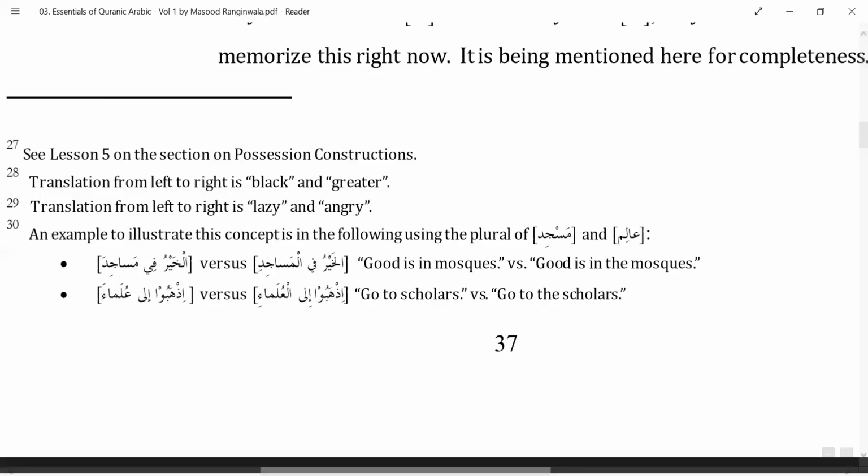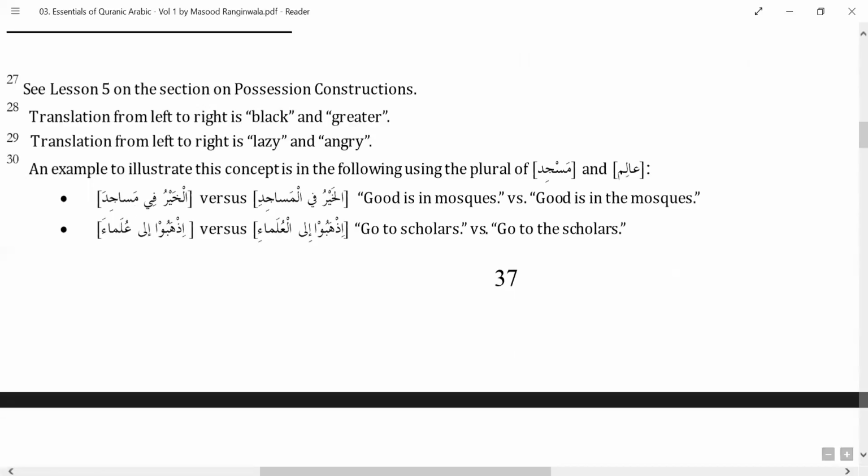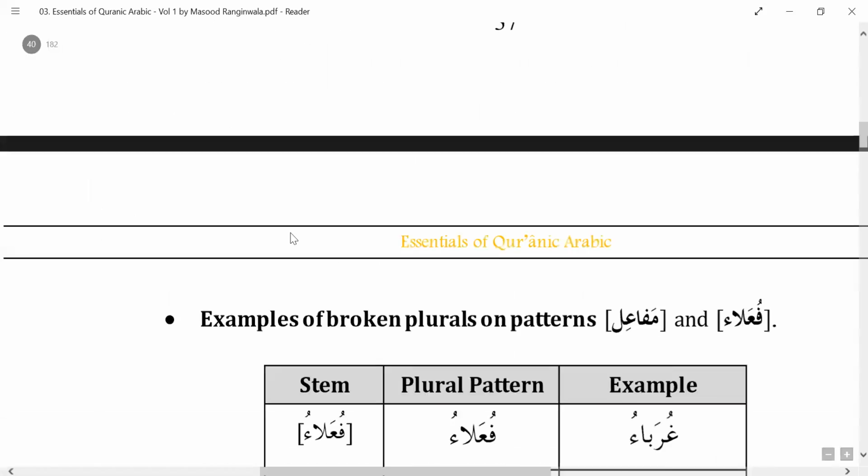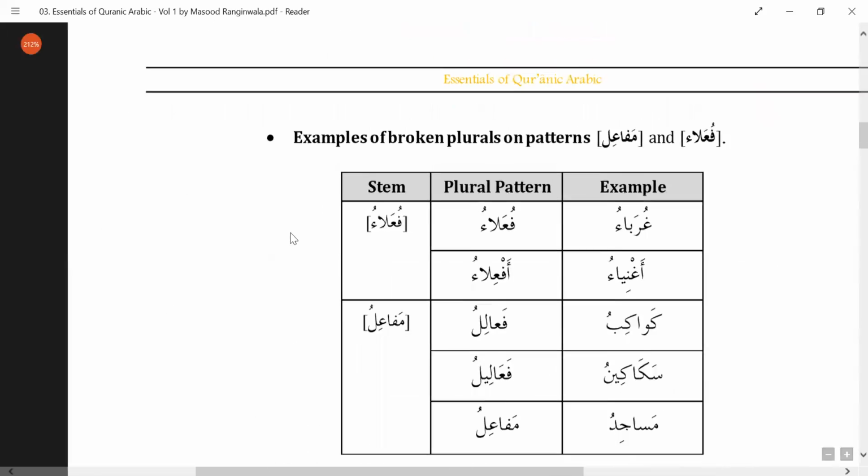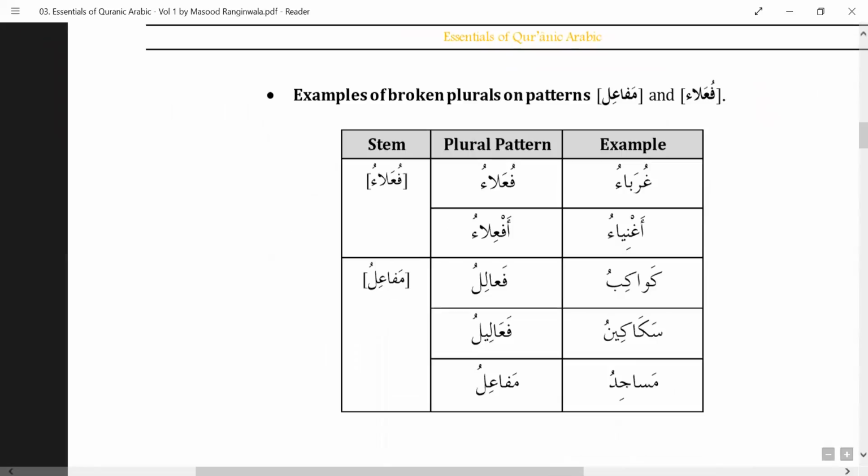The flexibility, completely flexible, it becomes only when you have an L. Go to scholars. اذهبوا إلى علماء. You will not say علماء. But when you say اذهبوا إلى العلماء, when you put alif lam, when you make it definite, the alif lam makes it fully flexible.